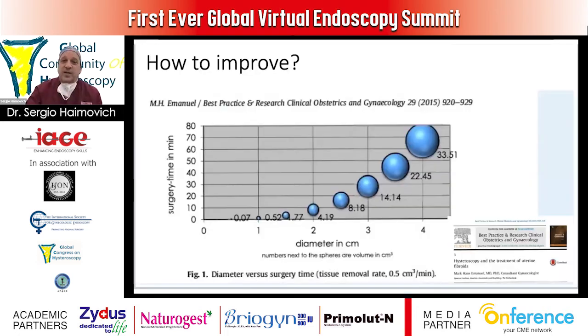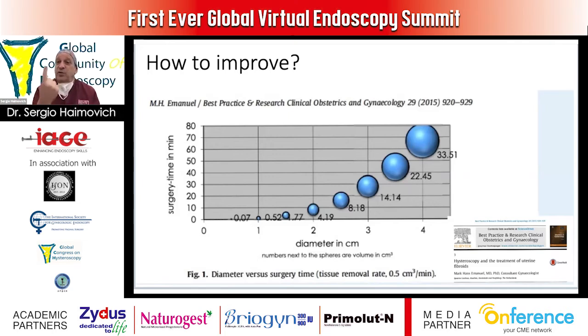But look, Mark Emanuel published in 2015 this magnificent graph in which you can see the size of the myoma in centimeters, and on the left side the minutes of OR resection. 3 centimeters, 30 minutes. One centimeter more, going from 3 to 4 centimeters, it's 70 minutes, more than double the time for 1 centimeter.